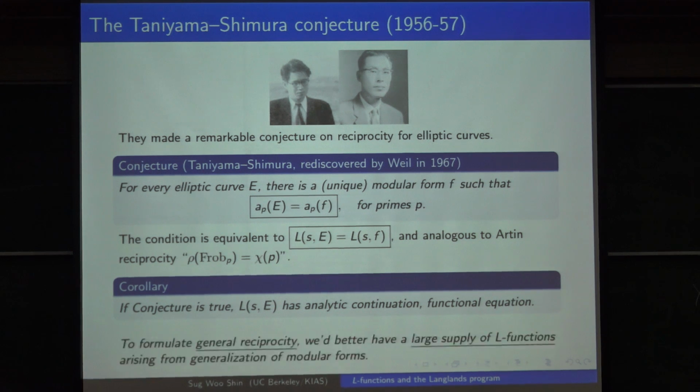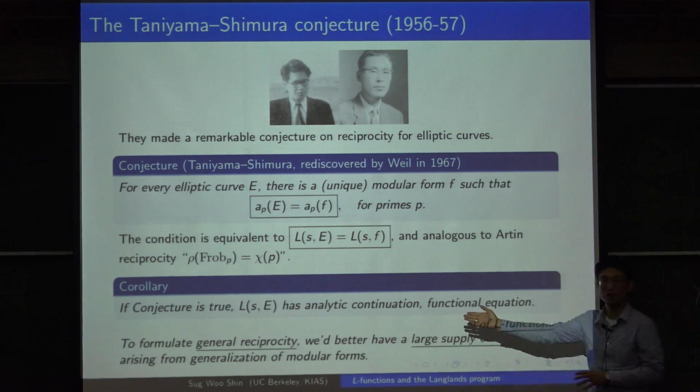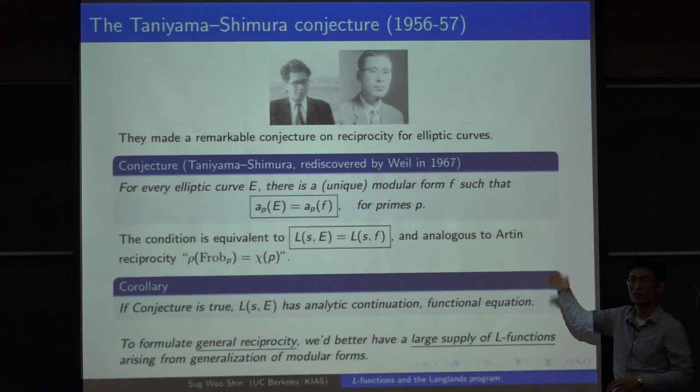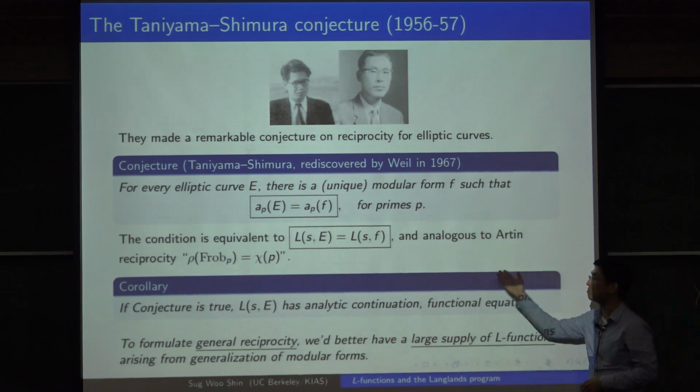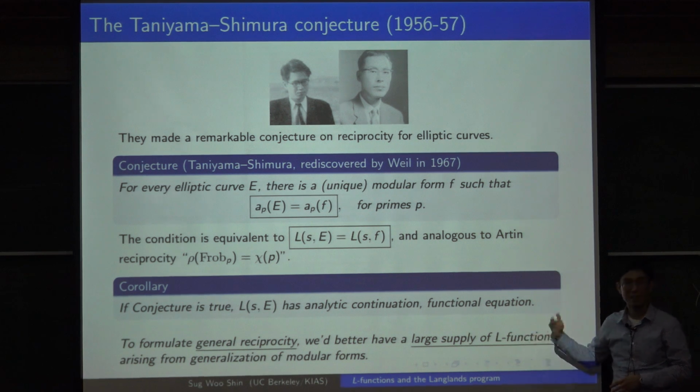Okay. And to formulate general reciprocity, by general I mean, now I've been talking about the case of elliptic curves, and even that special case was so complicated. But if you want to go more general, then one thing that's clear is you need some other kinds of L functions.